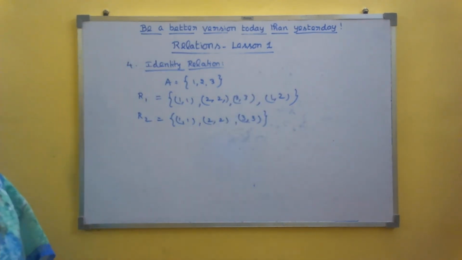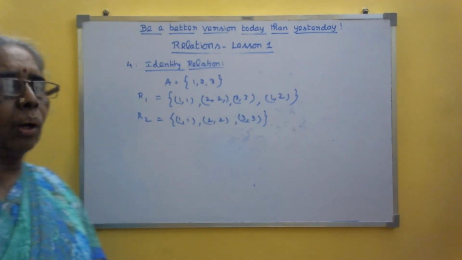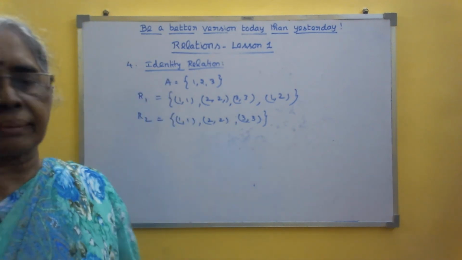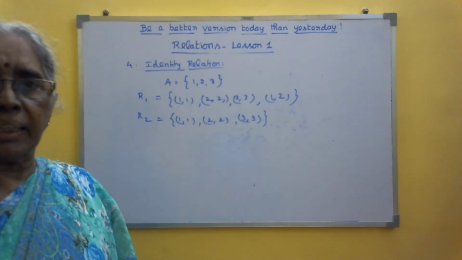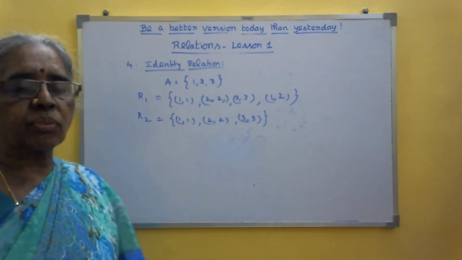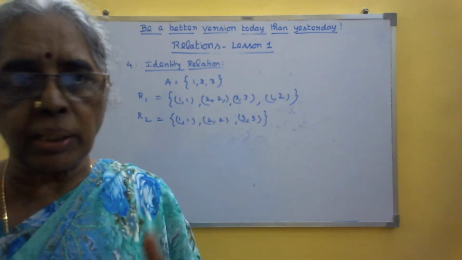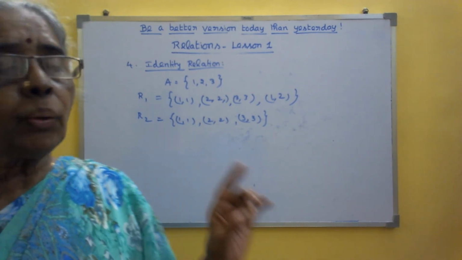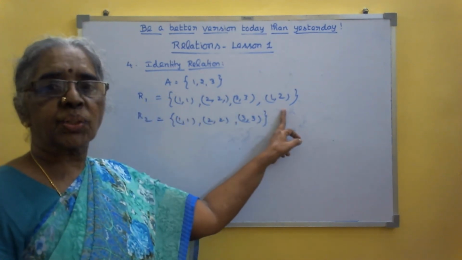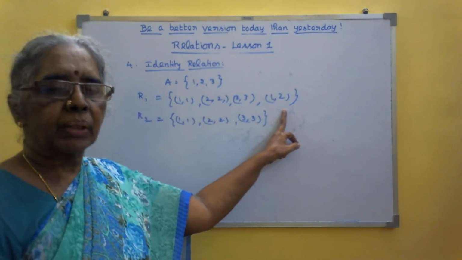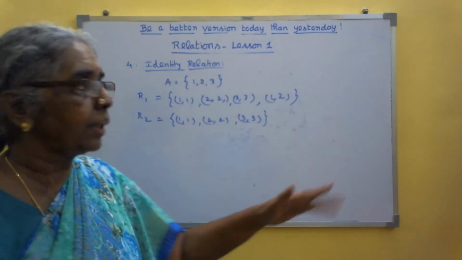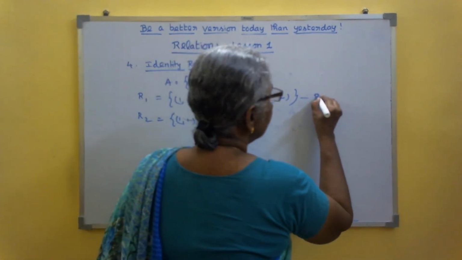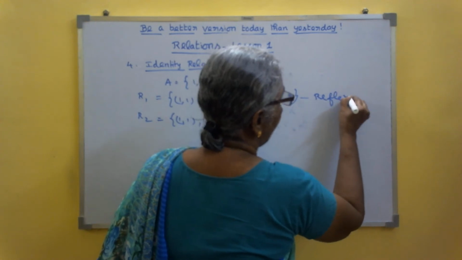Now, in both R1 and R2, you are seeing all the three reflexive pairs, (1,1), (2,2), (3,3). Okay? So, definitely, R1 is also reflexive, R2 is also reflexive, there is no doubt about it. But if you look at R1, you have an extra element (1,2). A reflexive relation can have extra elements. So, this is reflexive, no doubt about it.